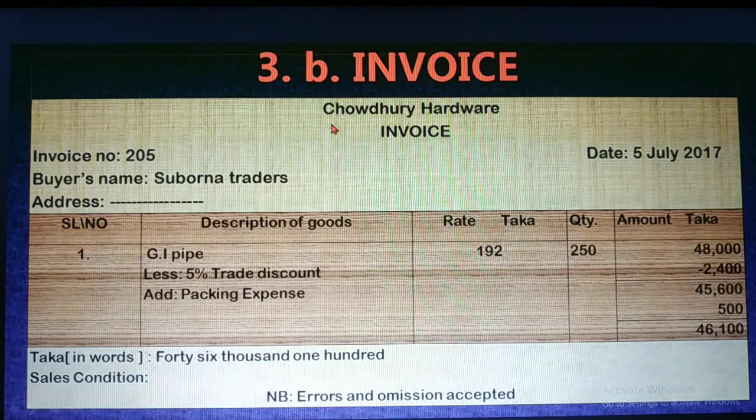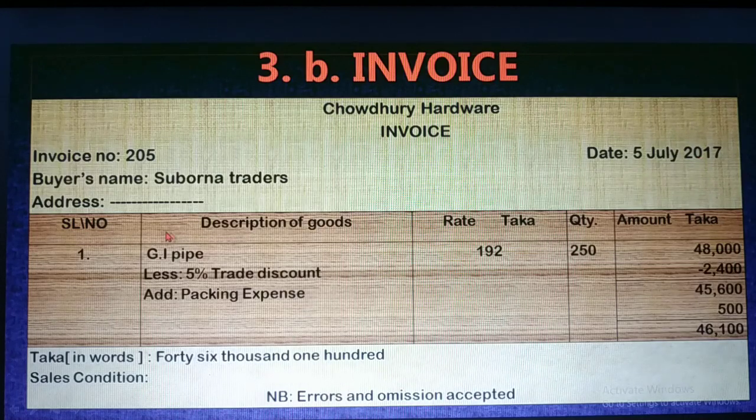If an address is given, the address is also mentioned here. Then you have to write it is an invoice. Here you have to write the invoice number. Here you have to write the buyer's name. Here the buyer name is Subarna Traders, and the address of the buyer. No address is given. If an address is given, then we will write the address here. And here date. It is 5th July 2017.